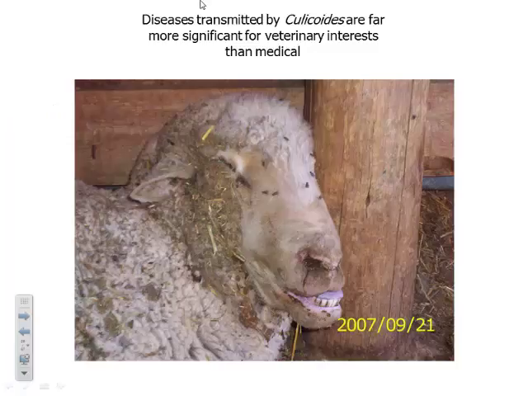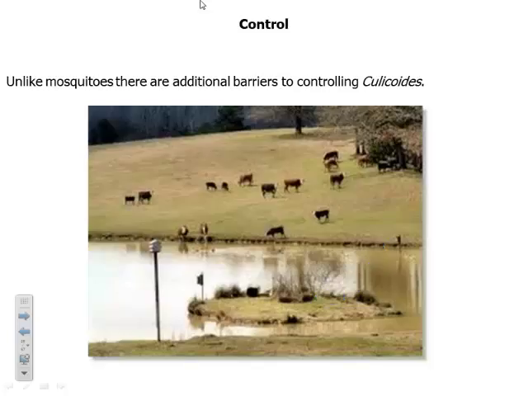And for example, this sheep, or it's not a sheep because that'd be plural, this lamb has blue tongue, and its tongue really is blue, and it's about to be dead. It's quite sick from a disease transmitted by Culicoides. And I'll go into Culicoides diseases and a case control later.